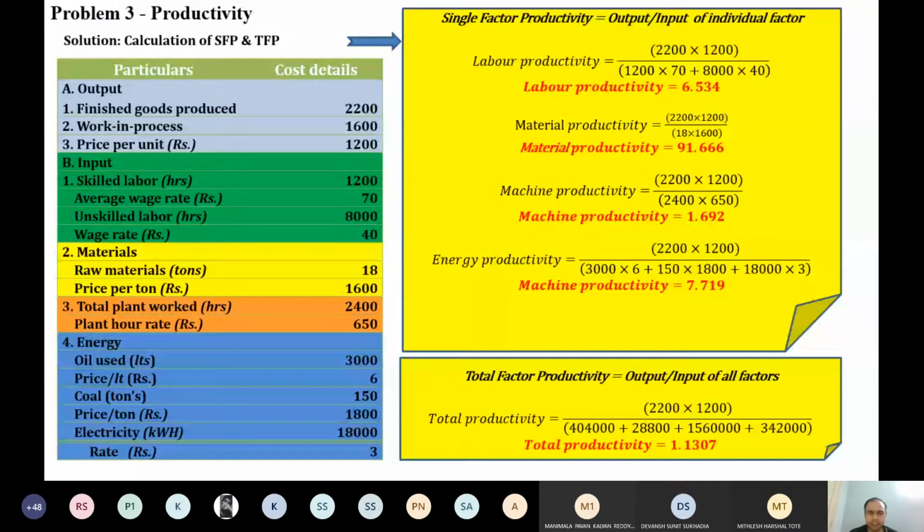But what should be given if work in process is given to you in the problem? They should also give you the price of this work in process item, that is, how much percentage of the total price should be considered for work in process. Say, if the actual cost of the product is 100 rupees, they should tell you that for work in process items you can pay 40 rupees or 50 rupees.